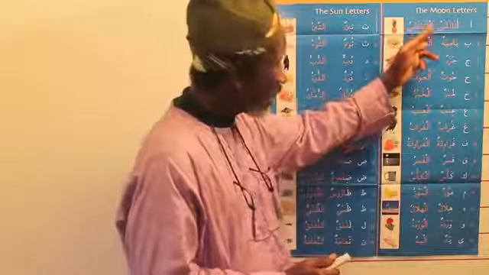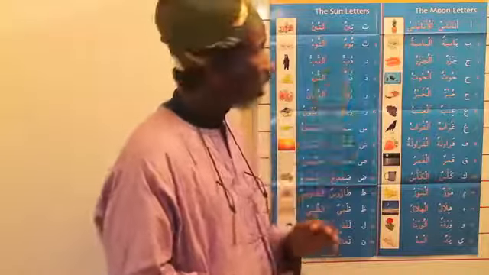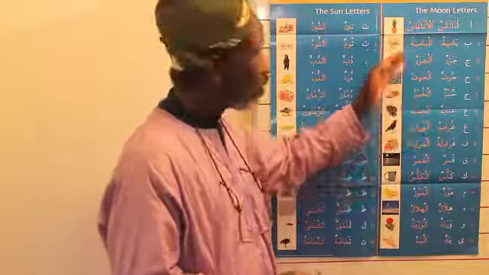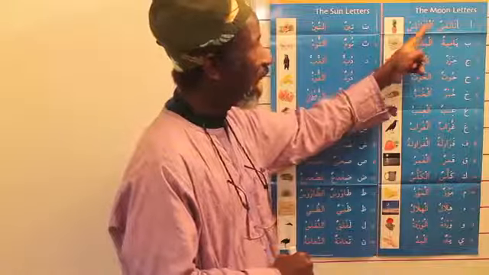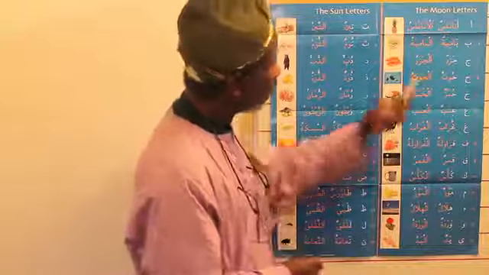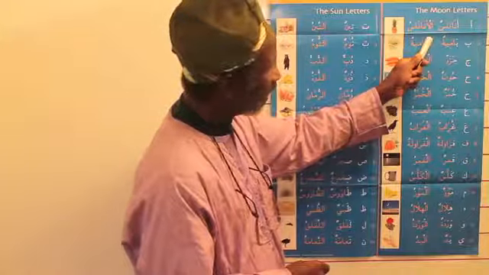Once you attach the article the with one of the moon letters, you retain the L as it is. You hear the lam, L with sukun. Ananasun, al-ananasu. Bamiyatun, that's an okra. Al-bamiyatu. You see the symbol in white telling you that that lam with sukun is still there.